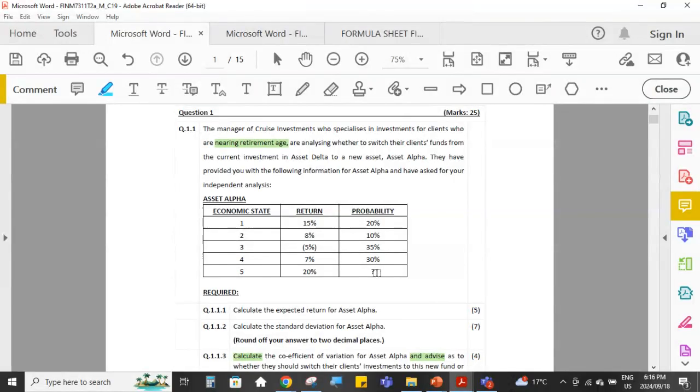First of all, over here, we have got a question mark in terms of the probability of economic state number 5. Can you guys remember what the rule is for the probabilities? What is that probability percentage going to be for economic state number 5?